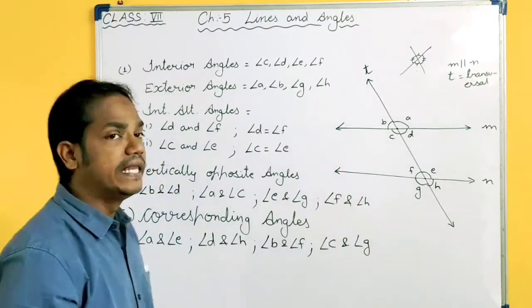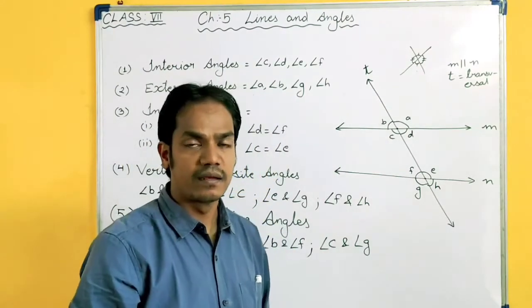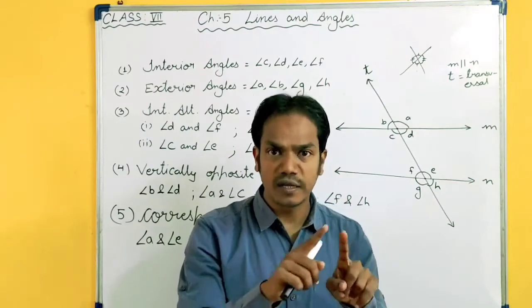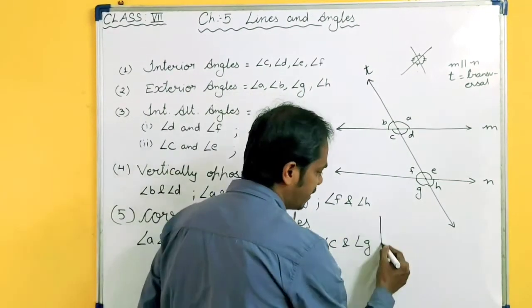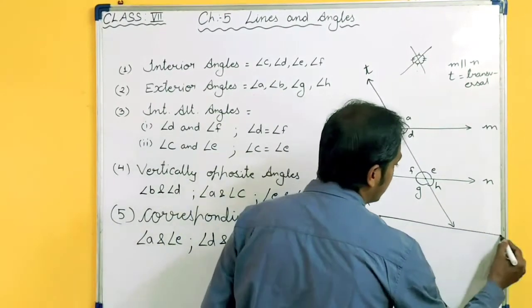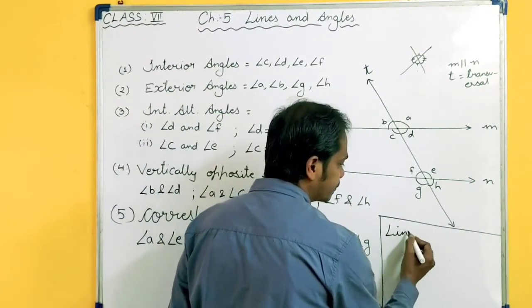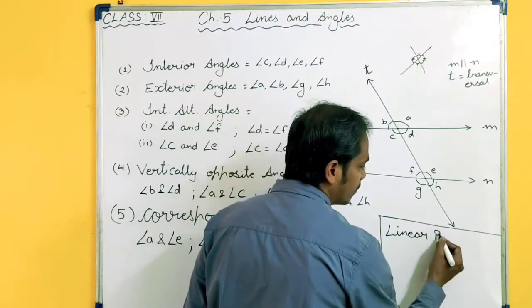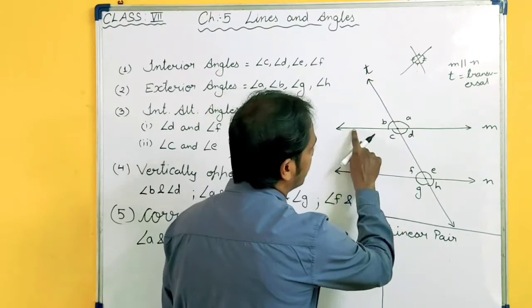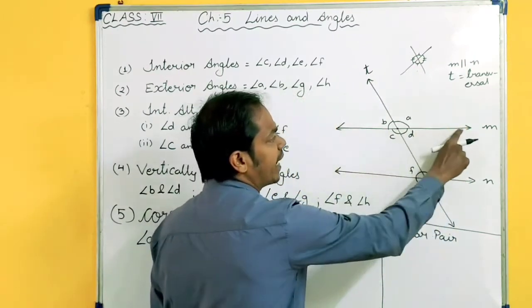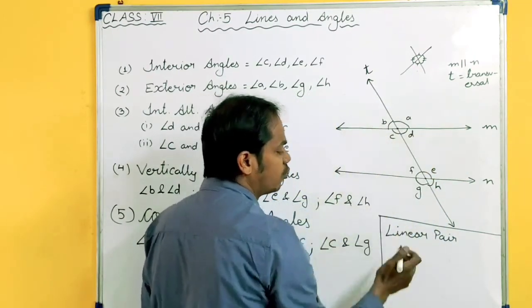Now linear pair. What is a linear pair? Two angles on a straight line are called a linear pair. For your understanding, suppose we take this line. How many angles are there on this line? 2 angles.